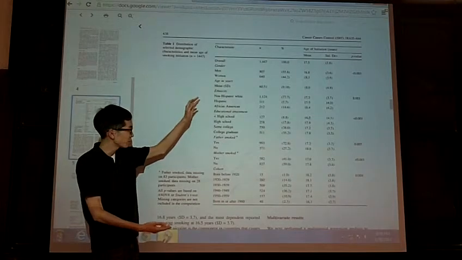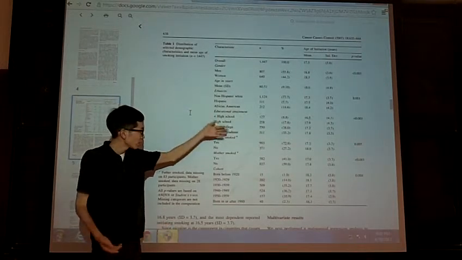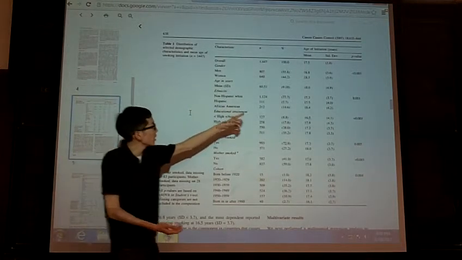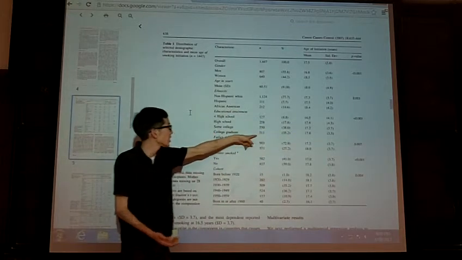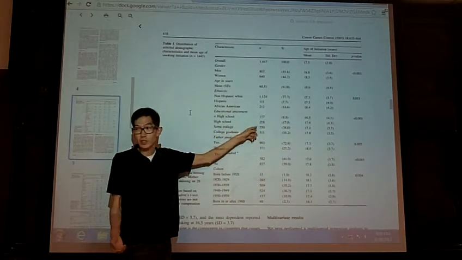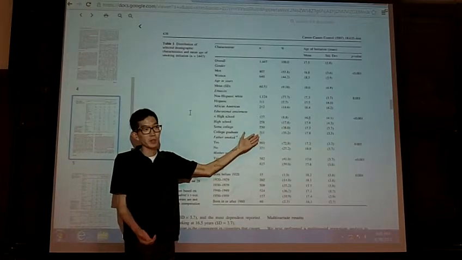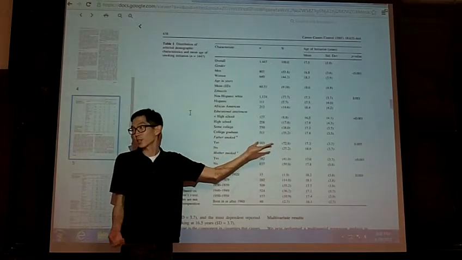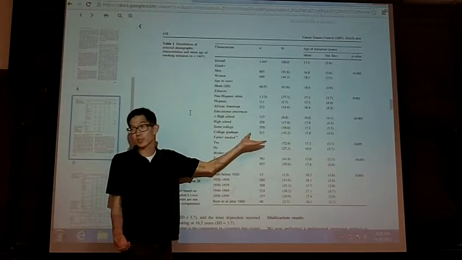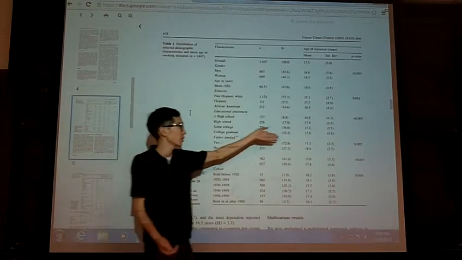Okay, so with these summary statistics, we have the mean and the standard deviation and the number of students in each group. We can replicate the ANOVA test, our F ratios and things like that.